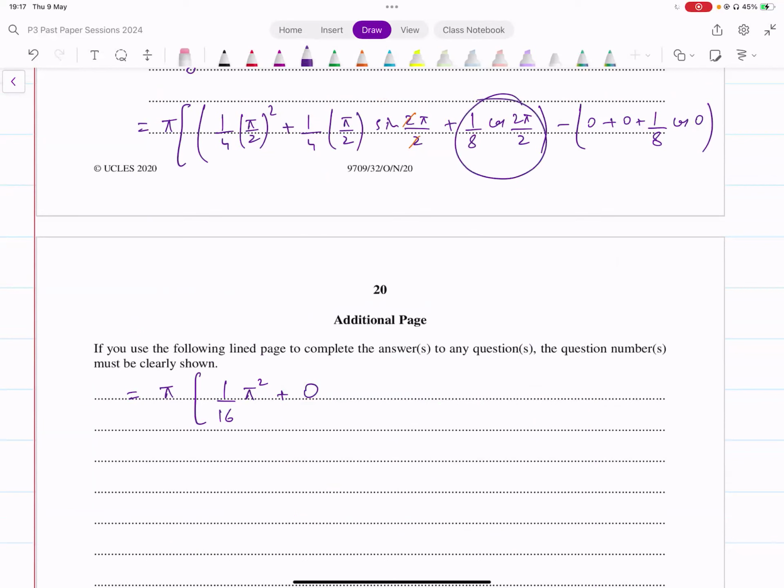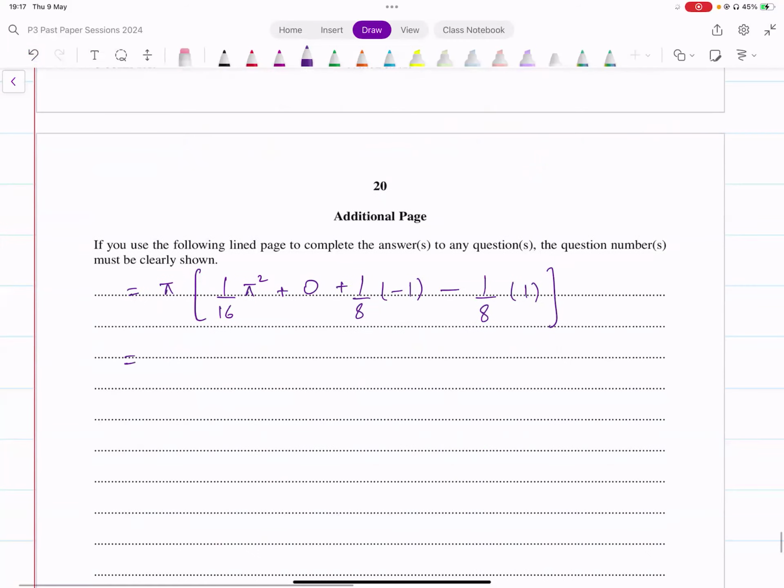Now what about this term? Cos of pi. Cos of pi is minus 1. Do that on your calculator, right? Cos of pi is going to give you minus 1. And then minus this thing, 1 over 8 into cos of 0. What's cos of 0? Cos of 0 is 1.